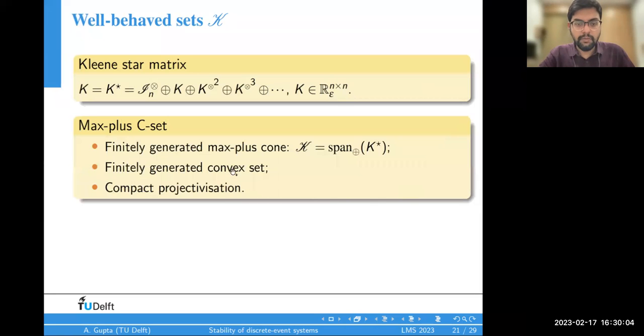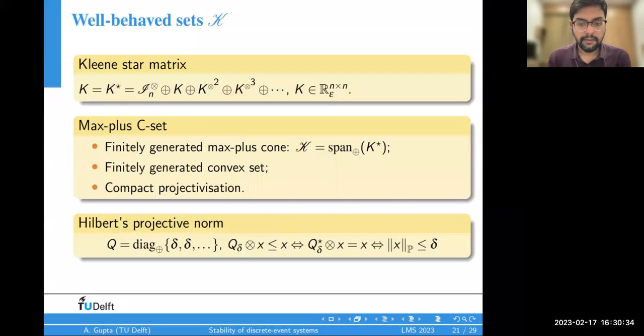First of all, generalizing the properties of the max plus column span of a Kleene star matrix, I can say that it is finitely generated. It is also a convex set in the conventional sense, and it has a compact projectivization. There are some papers on it that relate these properties to that of the column span of a Kleene star matrix.